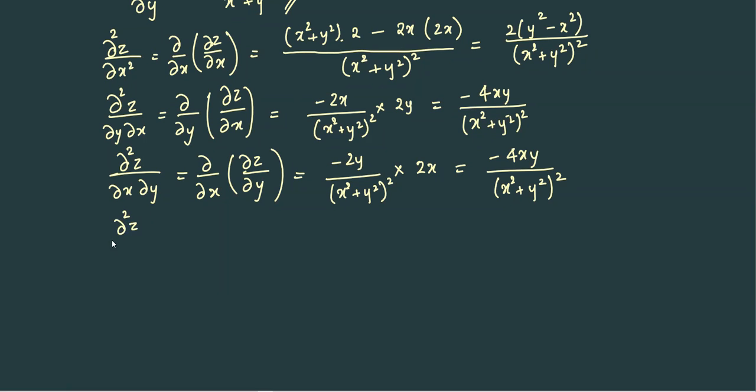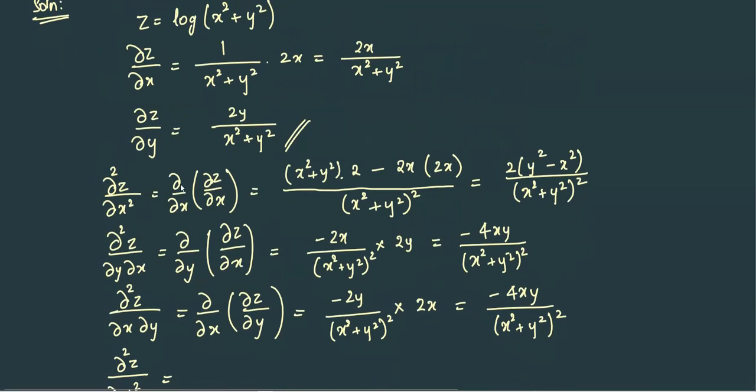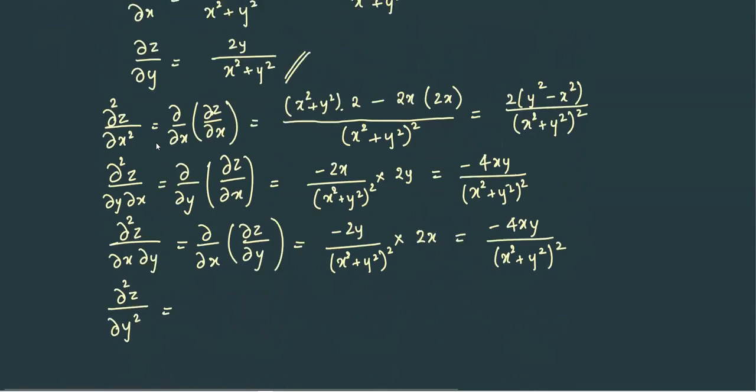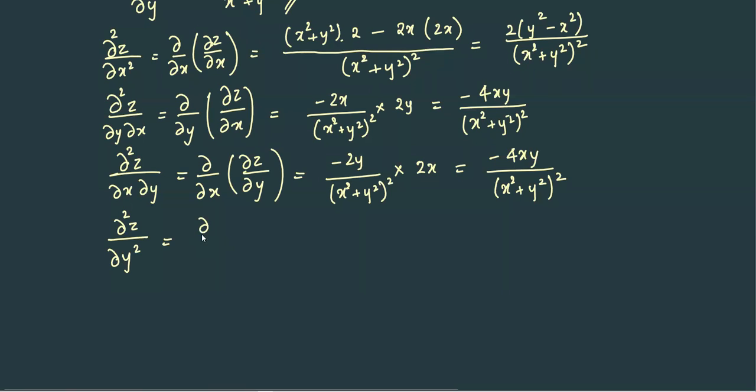This is ∂²z by ∂y², which is differentiating ∂z/∂y with respect to y.